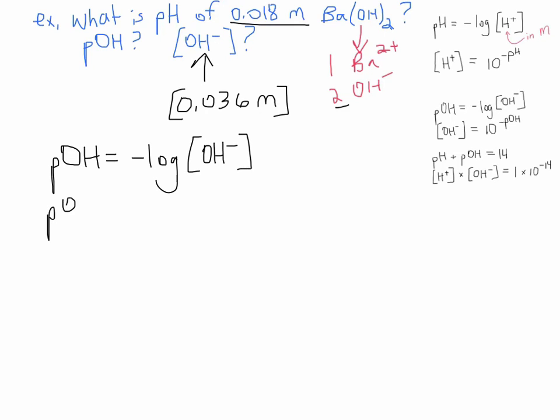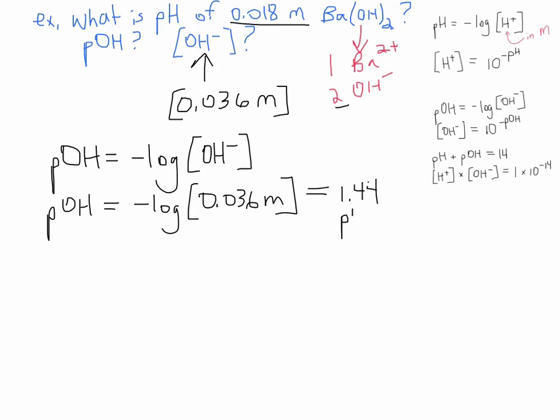So the pOH is equal to negative log of our concentration of OH minus, which is 0.036 molar. If you do negative log of 0.036, you should get 1.44. Notice that is the pOH, not the pH, the pOH.